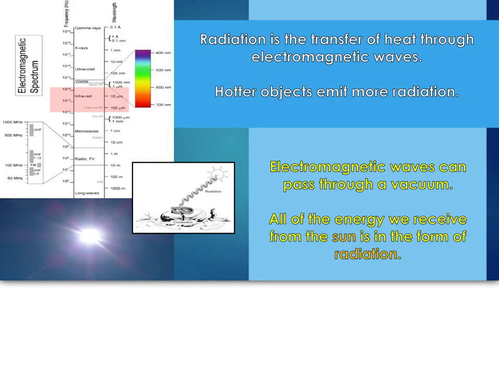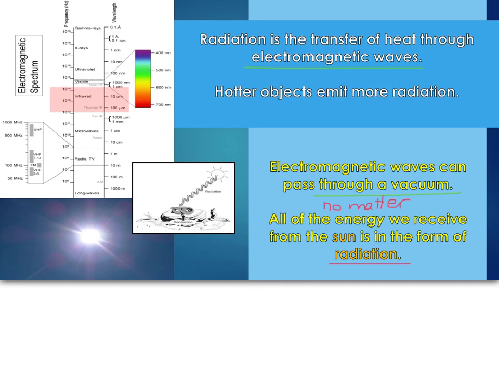So what is radiation? It's a form of electromagnetic waves that can pass through vacuums. That is where there is no matter. So radiation does not require matter for it to be transferred. All the energy we get from the sun is via radiation.